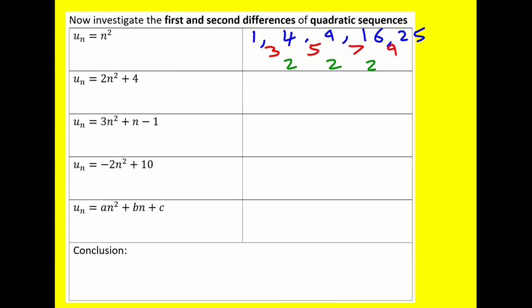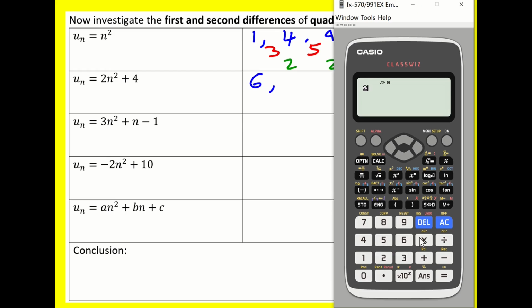Right, I'm going to use my calculator for some of it and just use my head for others. So 2 times 1 squared is just 2 times 1. Add 4, I'm going to get 6. I might then start using my calculator just to avoid making a mistake.